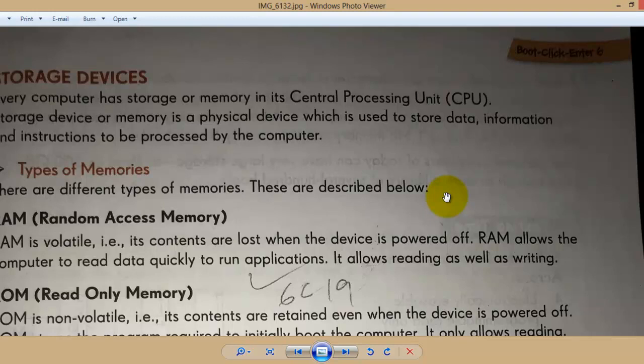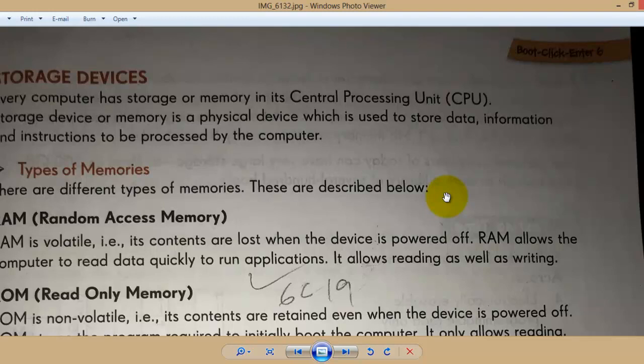While you are saving a file or anything, it will be stored in this storage device. Every computer has storage or memory in its central processing unit. This is a memory type that is a bit different from the secondary memory or primary memory we learned previously.